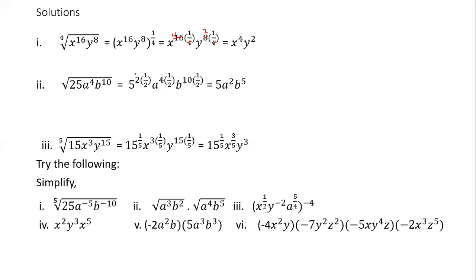So let's do the second one. We're having the square root of 25a power 4 times b power 10. And for the square root, we don't see any number here, so for that matter, we are going to raise all this to the power half.